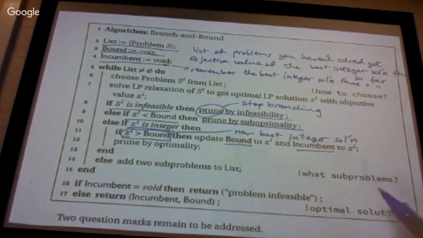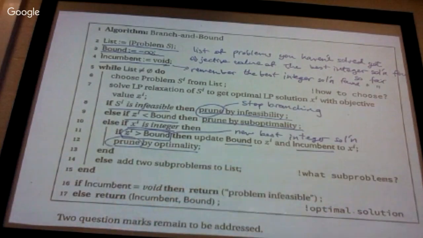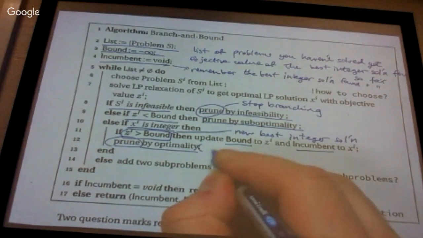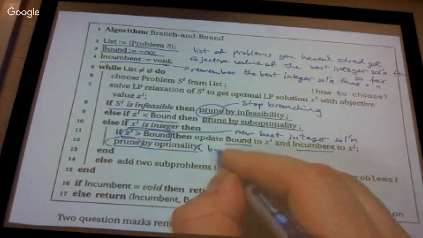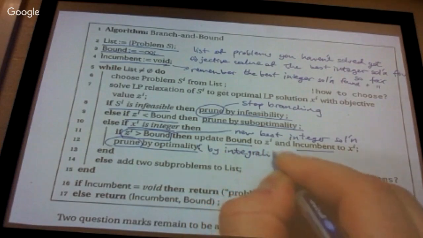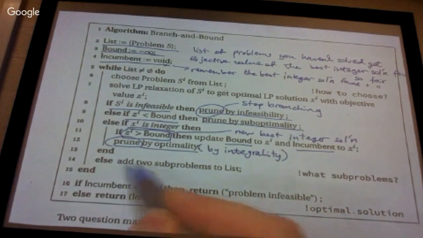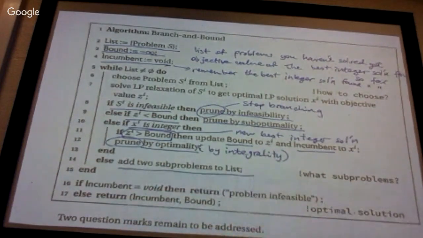If not, then you don't update, but still you stop branching because you've already found an optimal solution in that branch. Sometimes you say pruning by optimality, or by integrality, you found something that's integer. And if you don't prune, you create 2 subproblems and add them to the list.